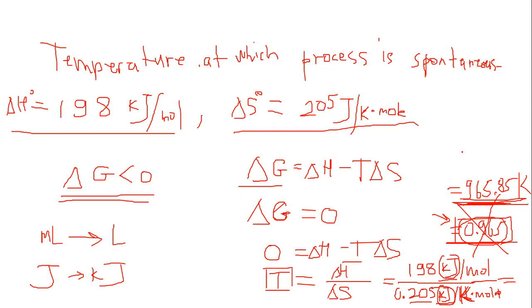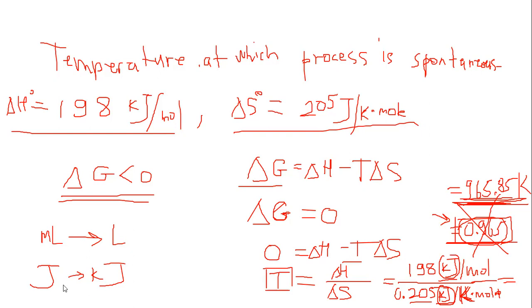I just need to calculate. But look, you don't need to worry about Celsius now. You have it in Kelvin, and you can just keep it in Kelvin. That's okay too.